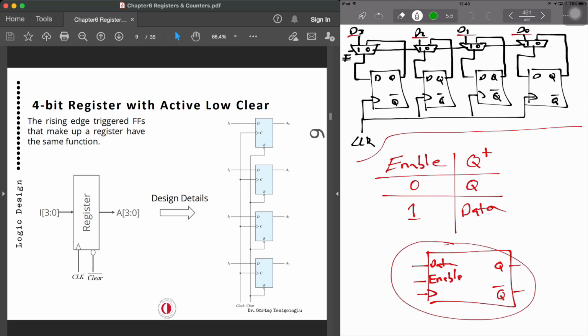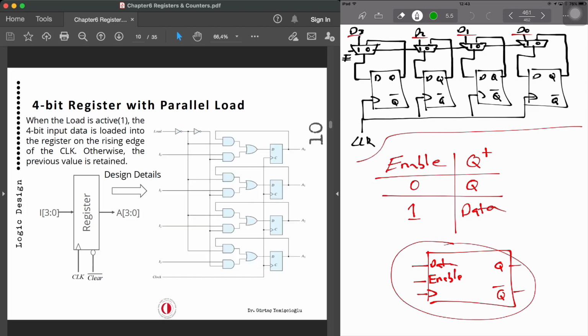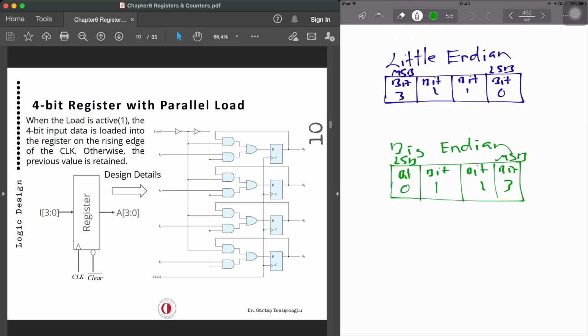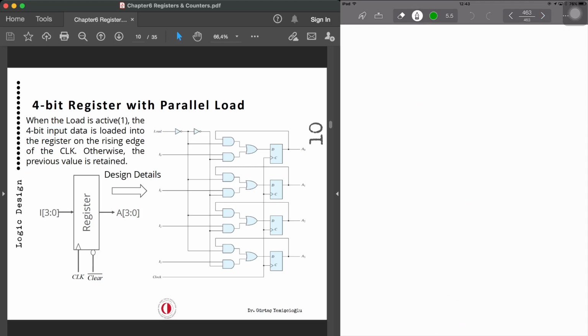So this 2-to-1 multiplexer can be seen as 2 AND gates and OR gates. If you do remember from chapter 4, in order to implement the multiplexer, we use 2 AND gates and OR gates. So function f equals s prime a or s b. This was the equation for the 2-to-1 mux.